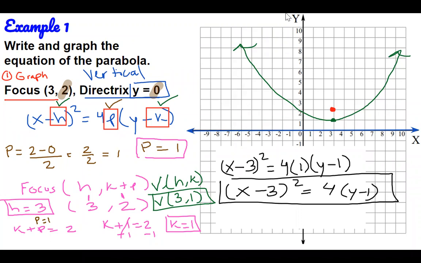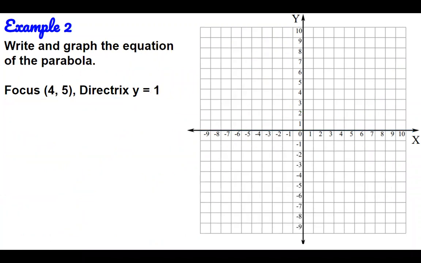Step by step. What was my first step? Divine. What was my first step? There you go. Graph it. So let's go ahead and graph it. Our parts. My focus is at 4.